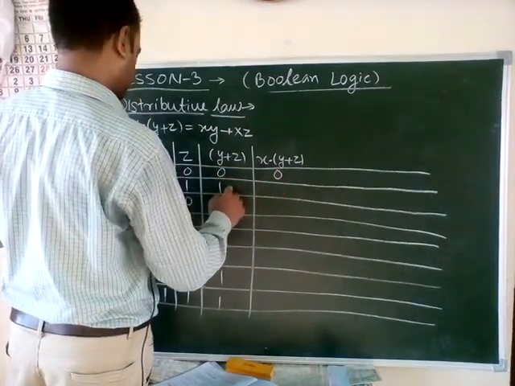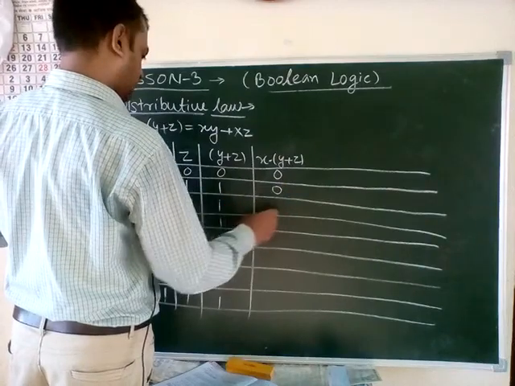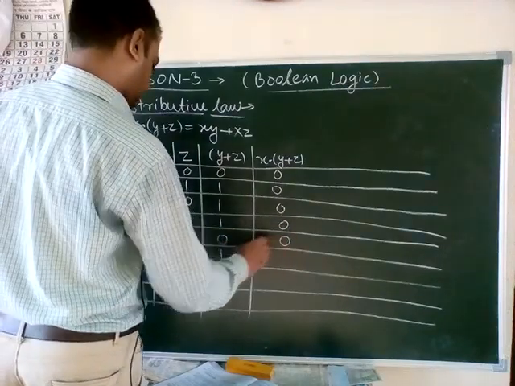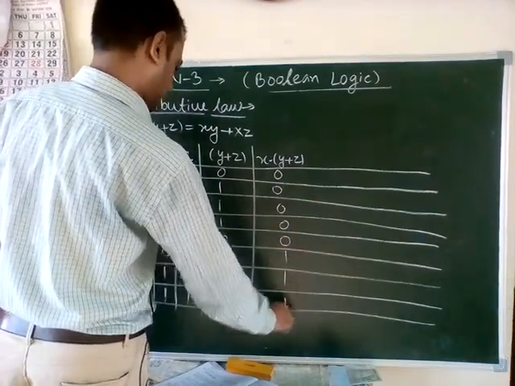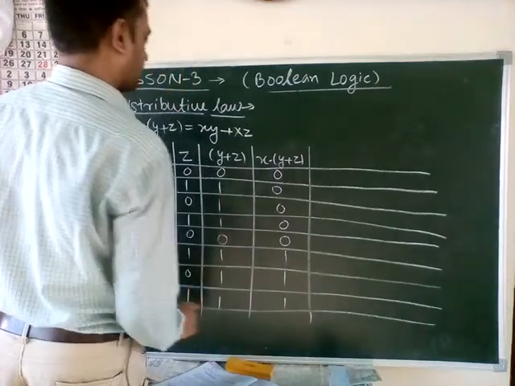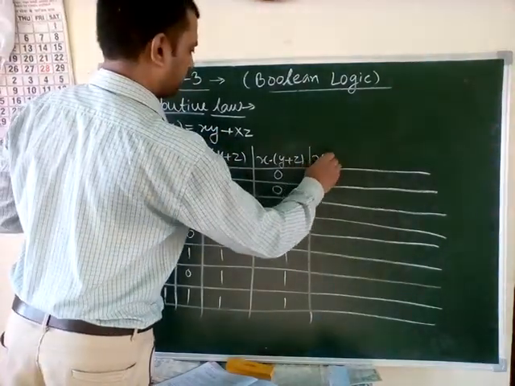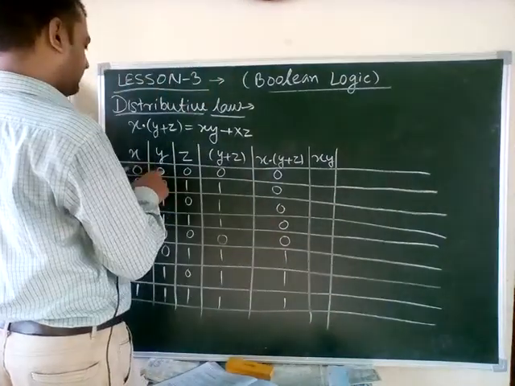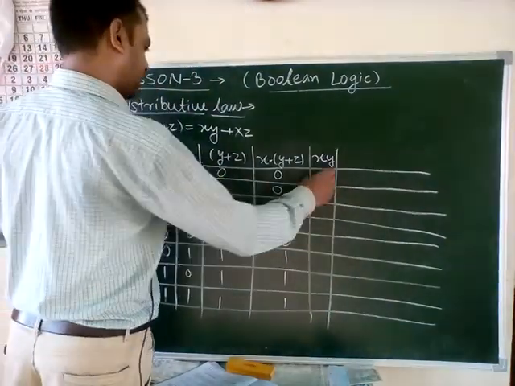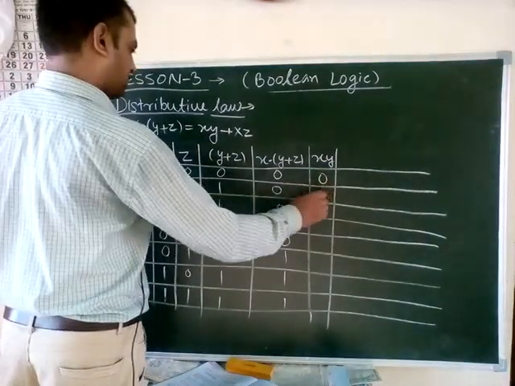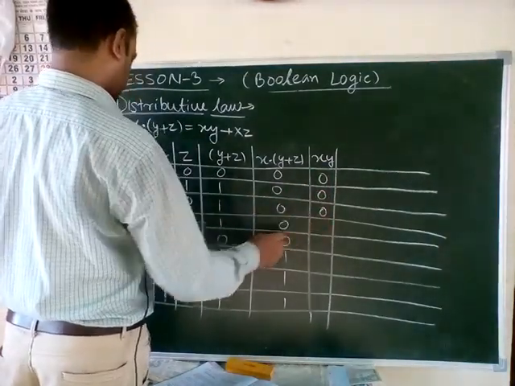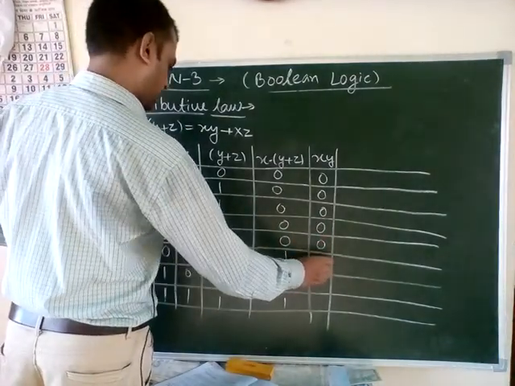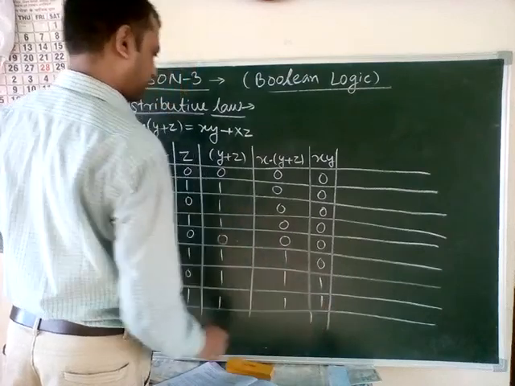So here 0 0 0 0 0 1 1 1. Like the same, x and y: if any 0 is there, then you will give 0. So here 0 0 0 0 0 0 1 1.